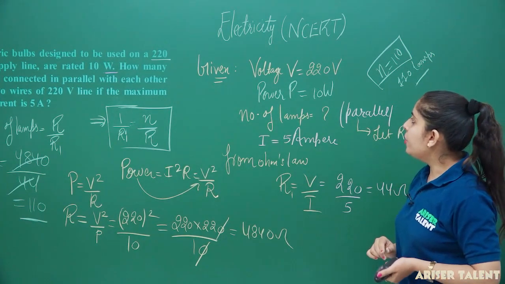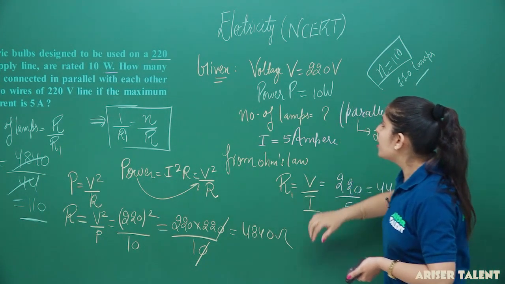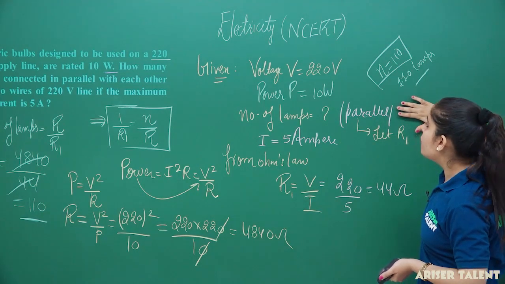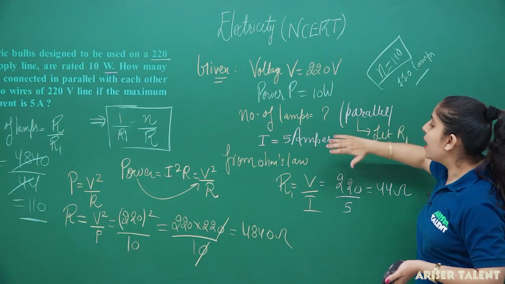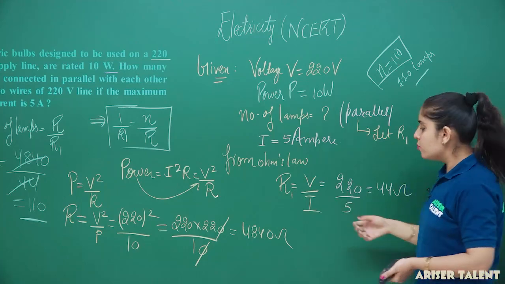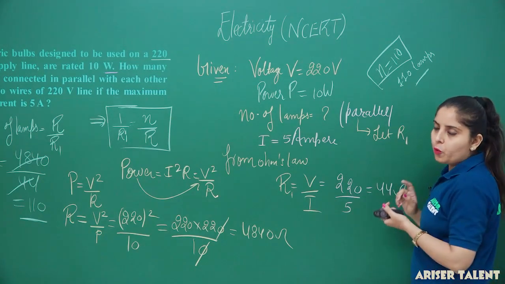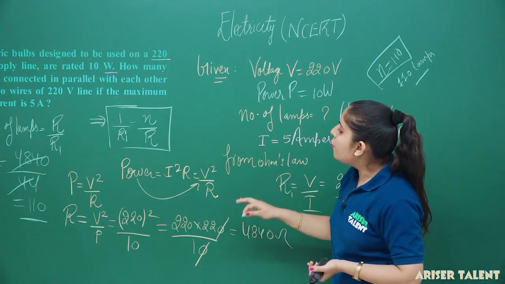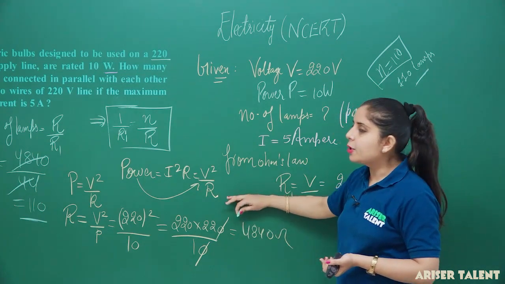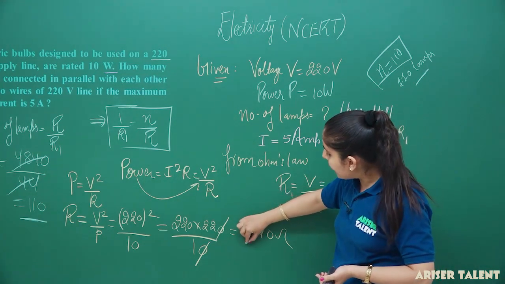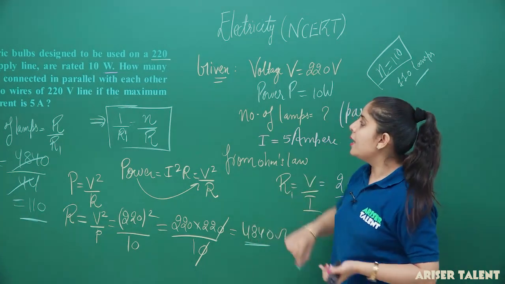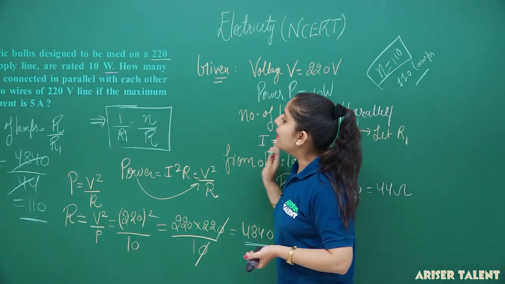I am again repeating what we have done in this question. We have to find out the number of lamps in parallel. Firstly we found a resistance from Ohm's law and it came out to be 44 ohm. Now from the formula of power we calculated the total resistance of the system, that came out to be 4840 ohm. Now these resistances are connected in parallel.